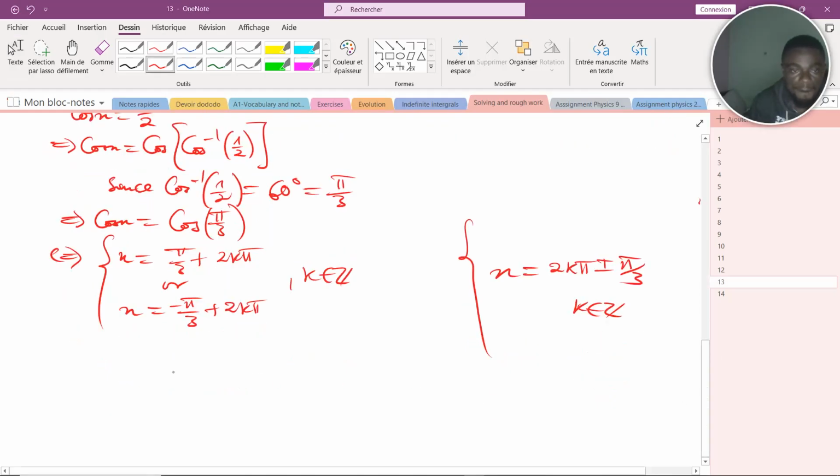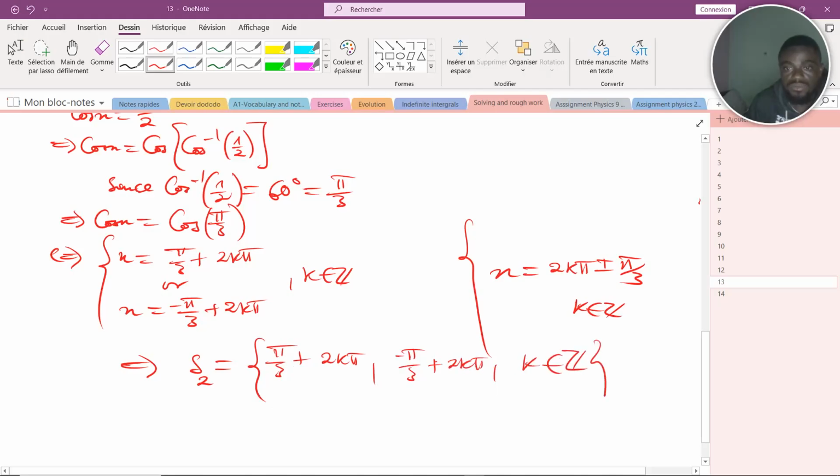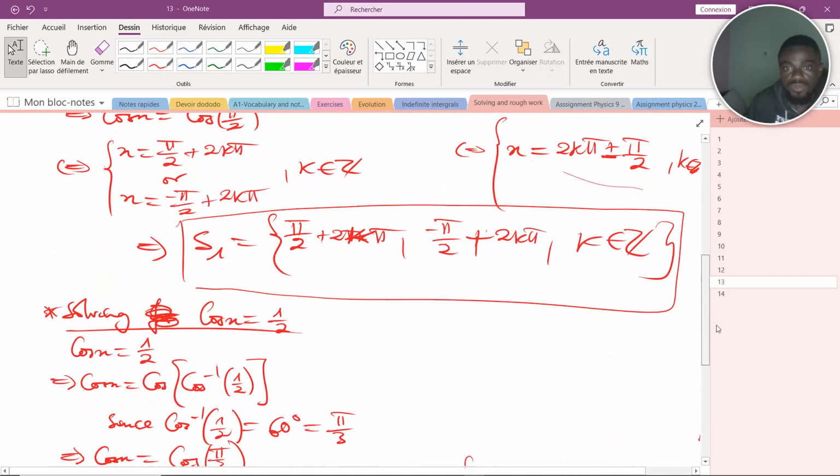Now, in this second case the general solution S2 will be equal to what? Any number of the form pi on 3 plus 2k pi, or minus pi on 3 plus 2k pi, where k belongs to Z. You get what I'm saying?